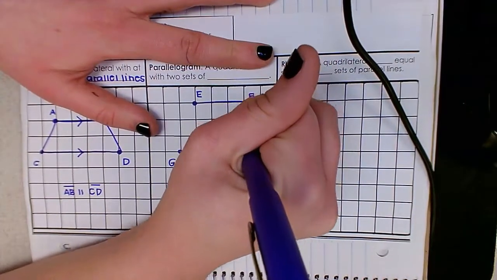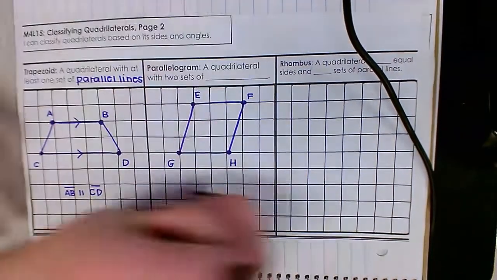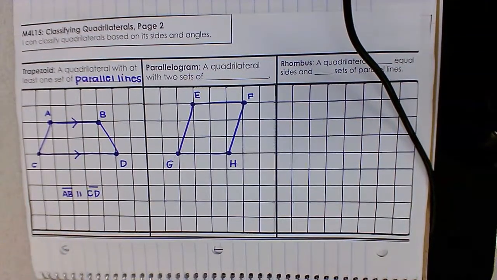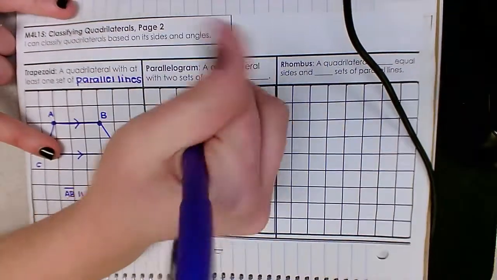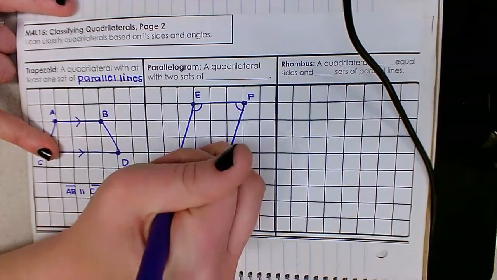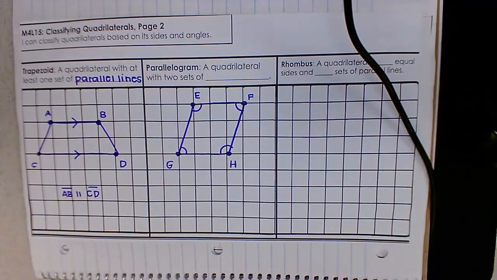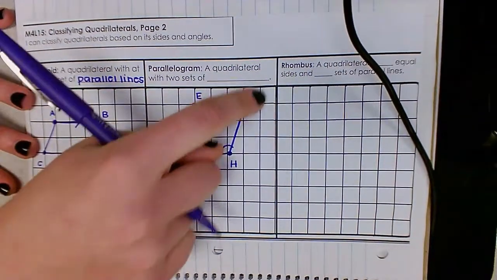Now I'm going to connect all of my lines together. This feels similar to a square, but because my angles are not right angles, they're obtuse and acute, this cannot be a square. So let's take a look at some of these side lengths here.